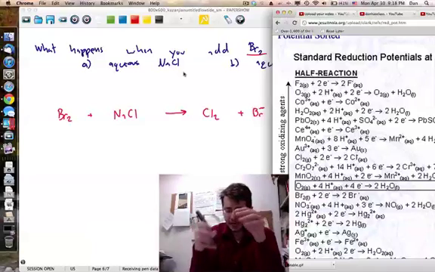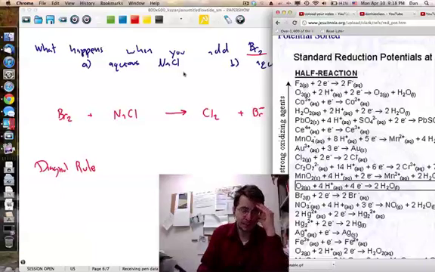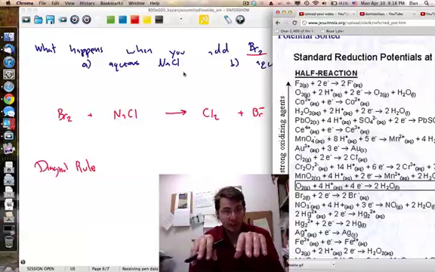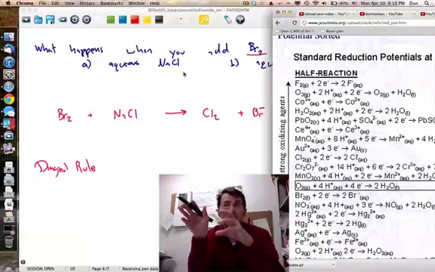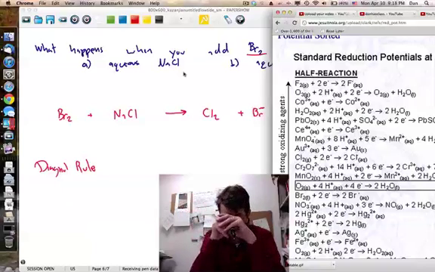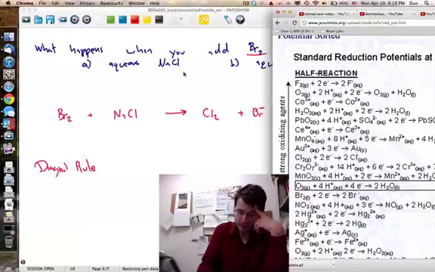There's something called the diagonal rule. Basically what it says is that anything that is lower on the reduction table will be oxidized by something higher up on the table, as follows.